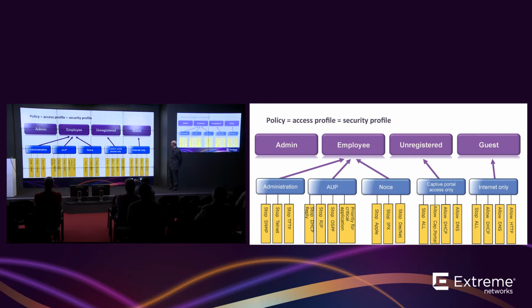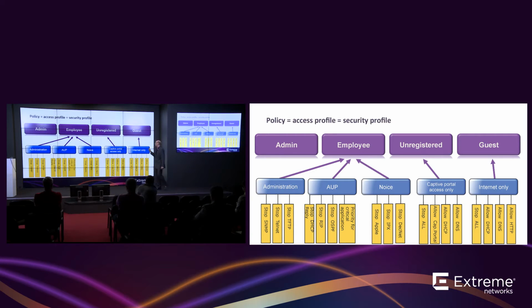So you can have, for example, internet only, which means allow HTTP, allow DNS, allow DHCP, allow ARP, and stop the rest. Okay? So if you create such profiles and you apply those profiles to the port where the user is connected, not to the VLAN or firewall or somewhere in the network. It is on the place where the user is connected. If you apply it on the wireless, it is processed on the access point itself.